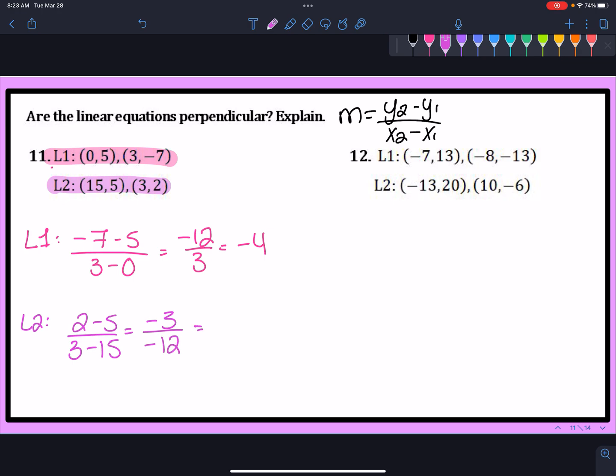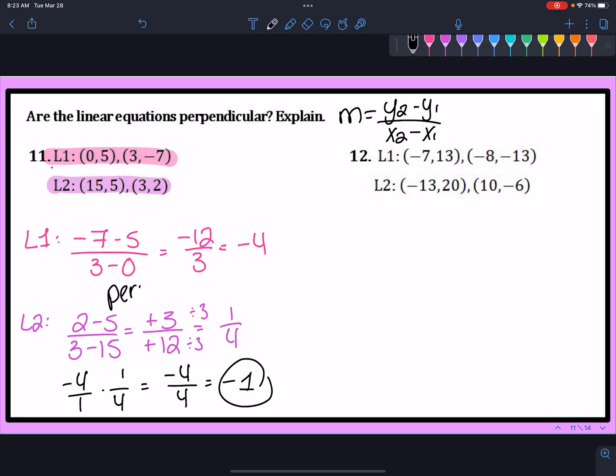The 2 negatives become positives, and I can divide both of these by 3. And this gives me positive 1/4. If I were to multiply negative 4 over 1 times 1/4, I get negative 4/4, which is negative 1. Because we got negative 1, they are perpendicular.